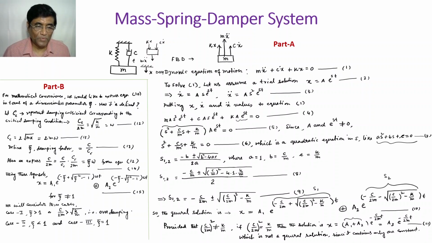Just take a notebook and do this simple math with me. Plus a2 e to the power minus zeta minus root over of zeta square minus 1 into omega t, for zeta not equal to 1, because zeta equal to 1 corresponds to the critical damping situation. For that, this is not the valid solution. We will solve it afterwards.